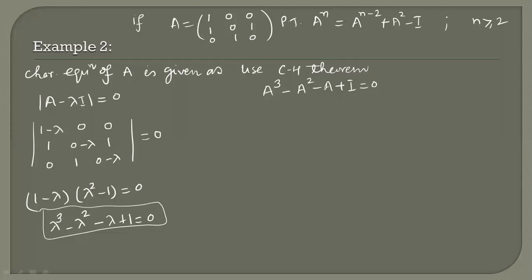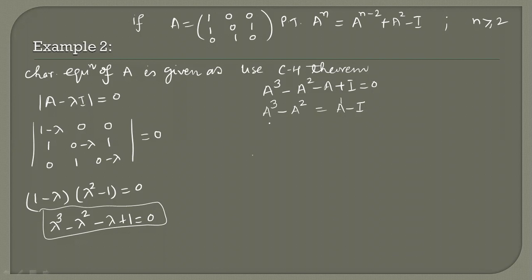We can see that it is like A cube minus A square equal to A minus I. If we take A square common, it looks like A minus I is a factor. But we want to make powers in the order 3, 2, 1, 0. A to the power 0 means the identity matrix.